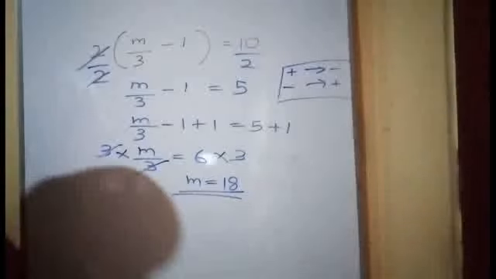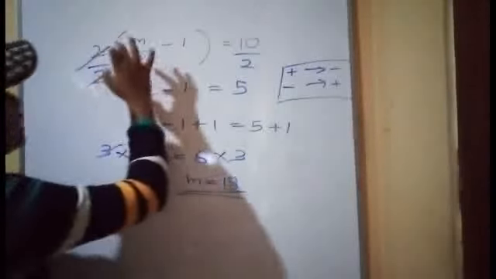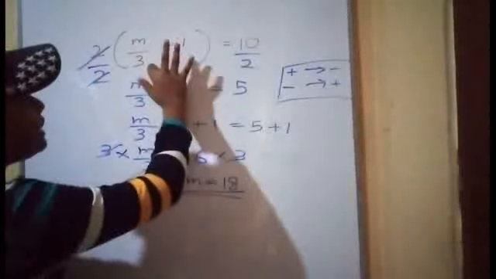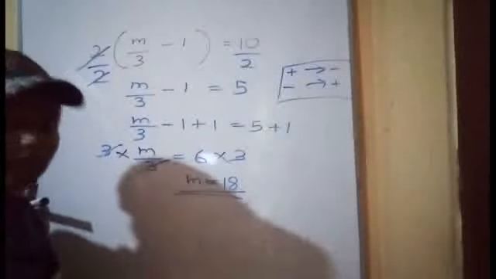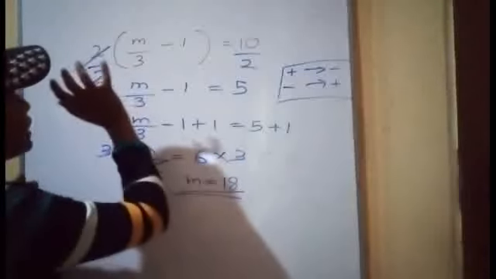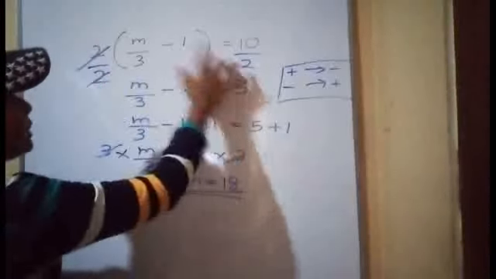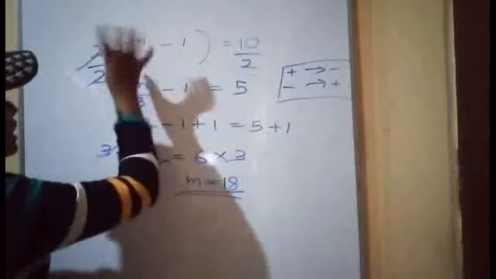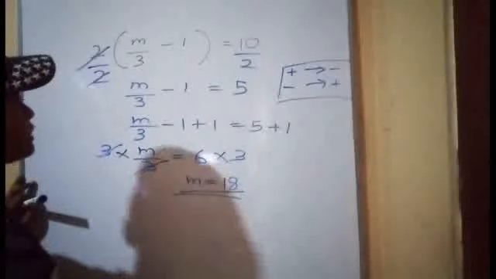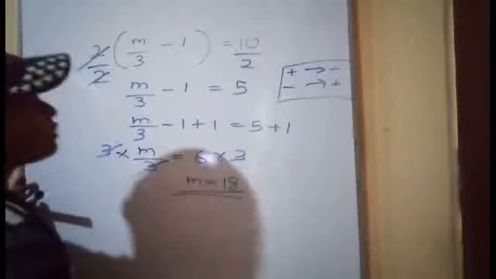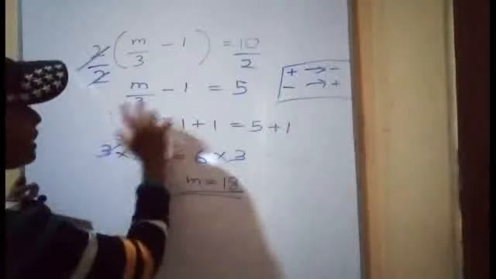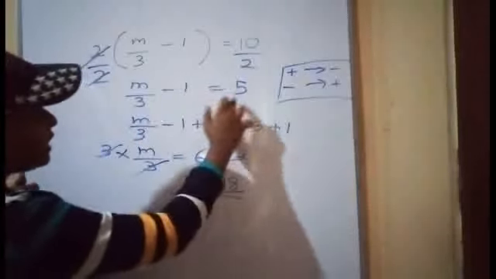But now we have 2 in the brackets, m divided by 3 subtract 1, equals 10. So we do both sides divide by 2 because the main one is 2. Divide both sides by 2, cut it down. Now we remove the brackets. Now m divided by 3 minus 1 equals 5.